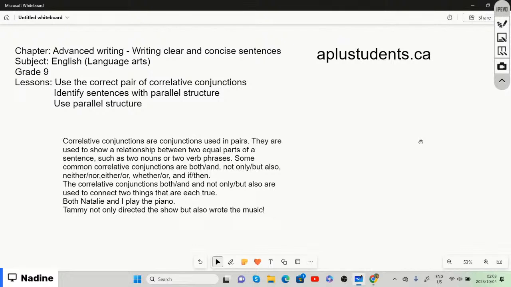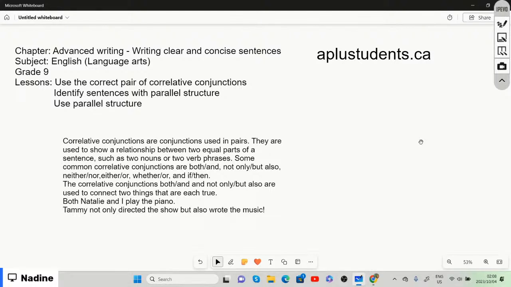And before we go into that, when we write sentences, remember, we said a complete sentence has a subject and has an action. That is a complete sentence.